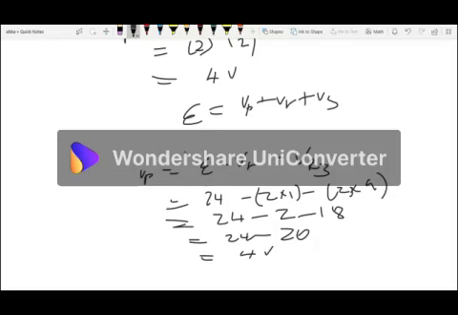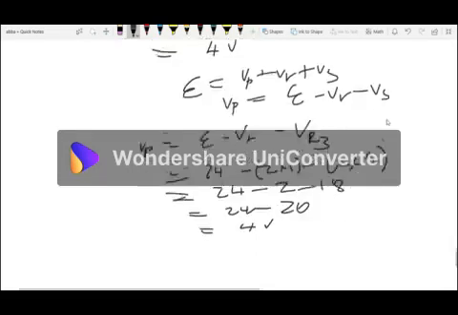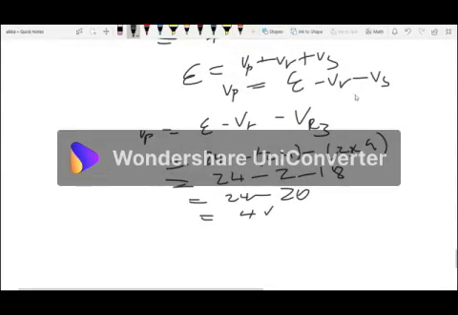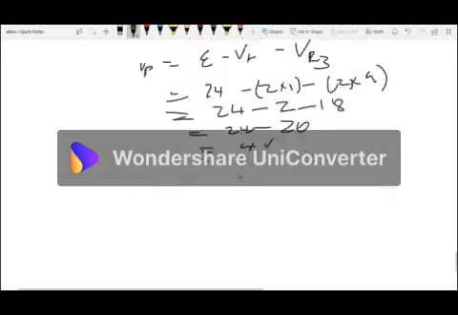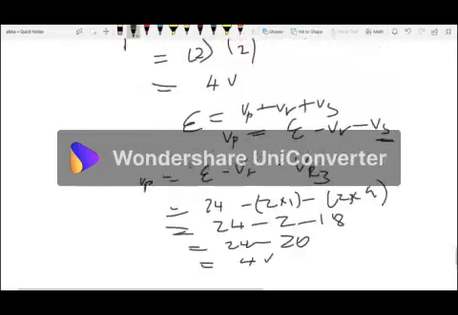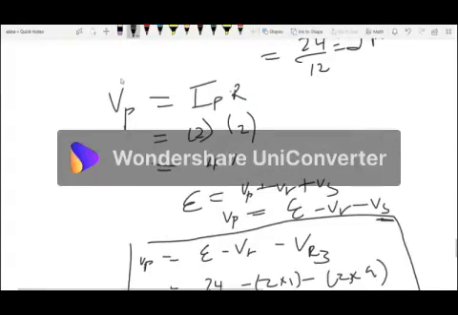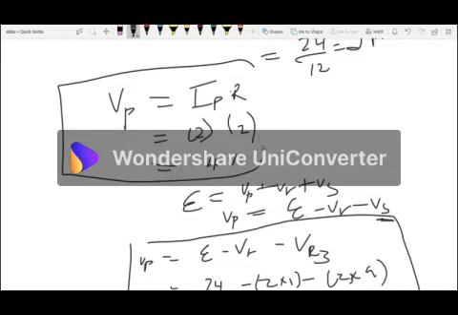So if we want the potential difference in parallel, Vp is going to be equal to E, take this to the other side, minus Vr, take this to the other side, Vs. This means VR3, it's in series, potential difference in series. So this is the longest route, and this is the shortest route. You just choose which one you can use. So basically that's just that.